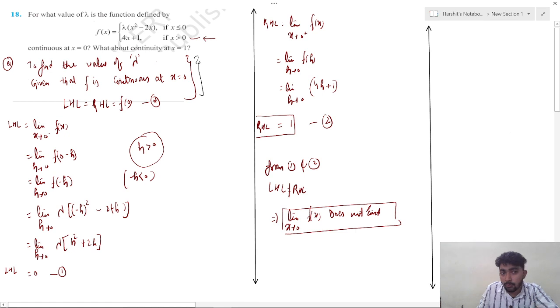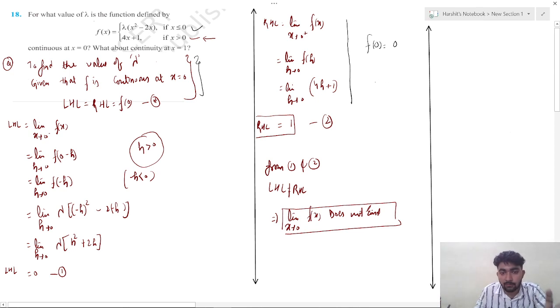They are saying that for what value of lambda the function is continuous at x equal to 0. So for that we need to find LHL, RHL and f of 0 and equate them. But the problem is that LHL came 0, RHL came 1, and both are independent of lambda. And f of 0 is 0 also, because we can find it by the first branch. So f of 0 is 0, LHL is 0, RHL is 1.